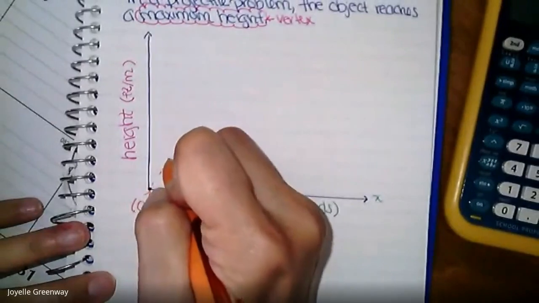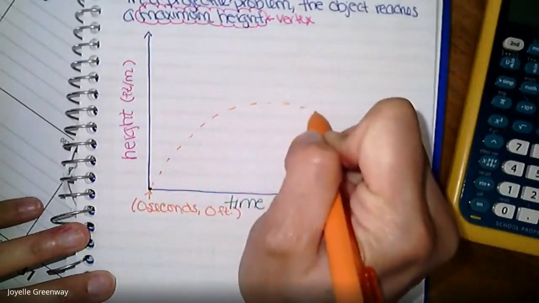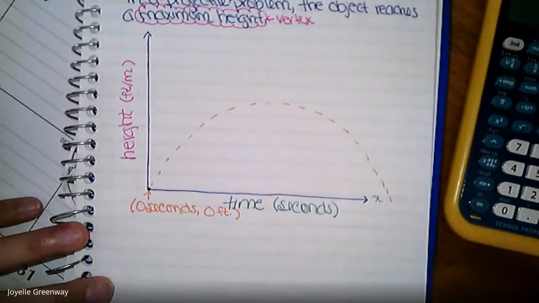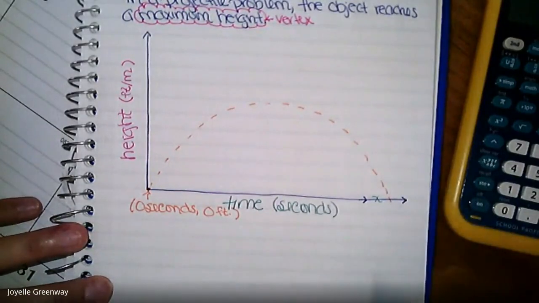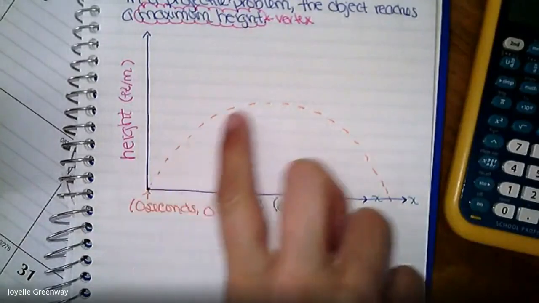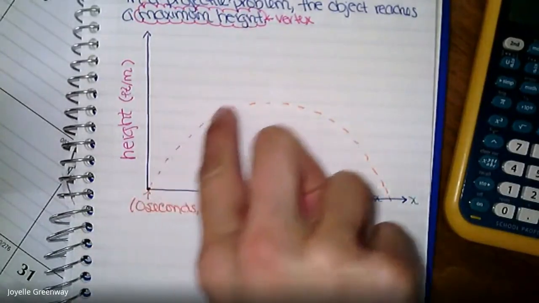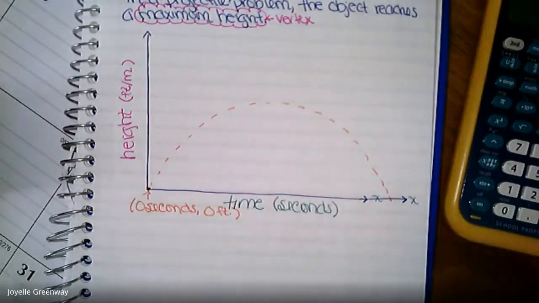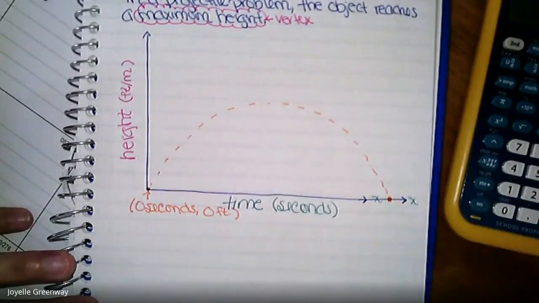And then your object takes this curved path like this. Let me just extend that axis here. So this is the amount of time that passes once I kicked the ball until it reaches the ground again.